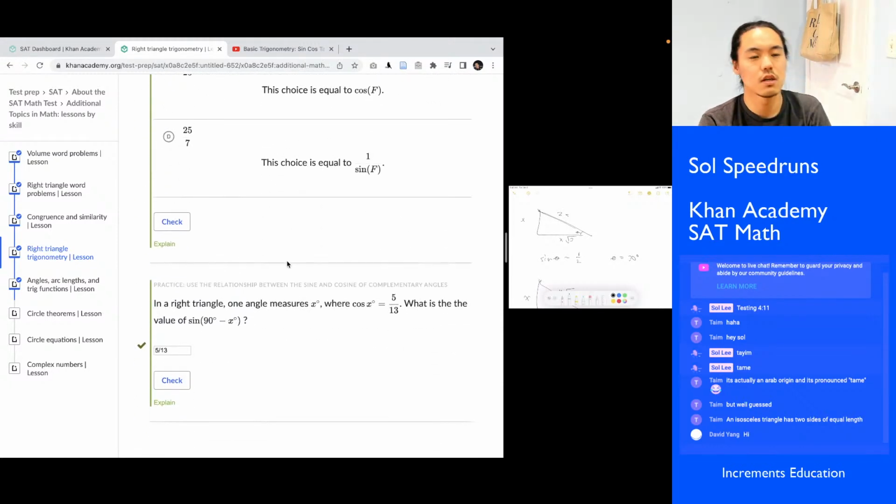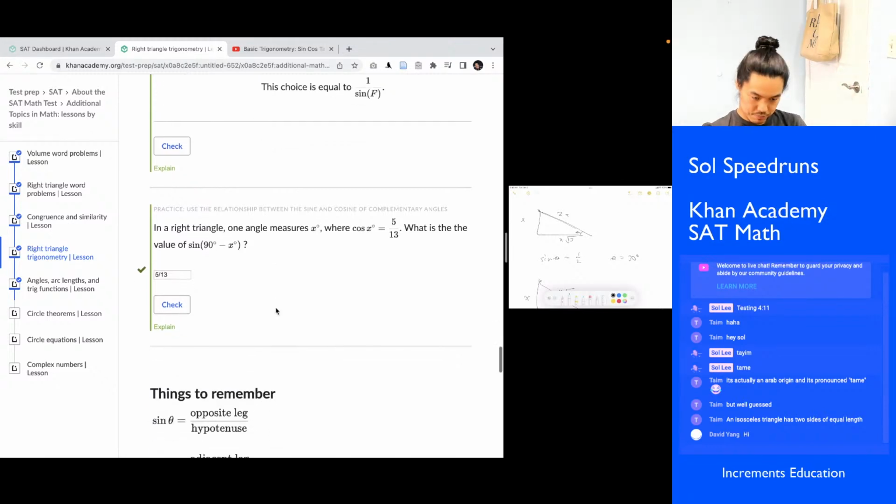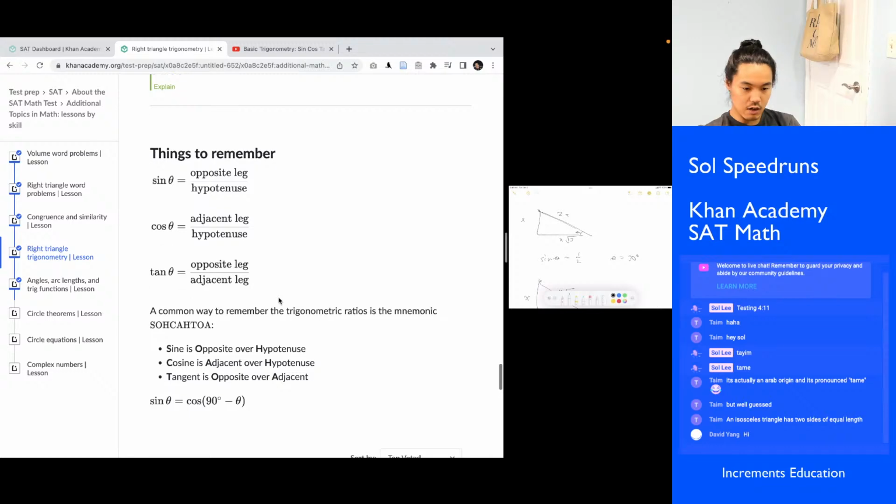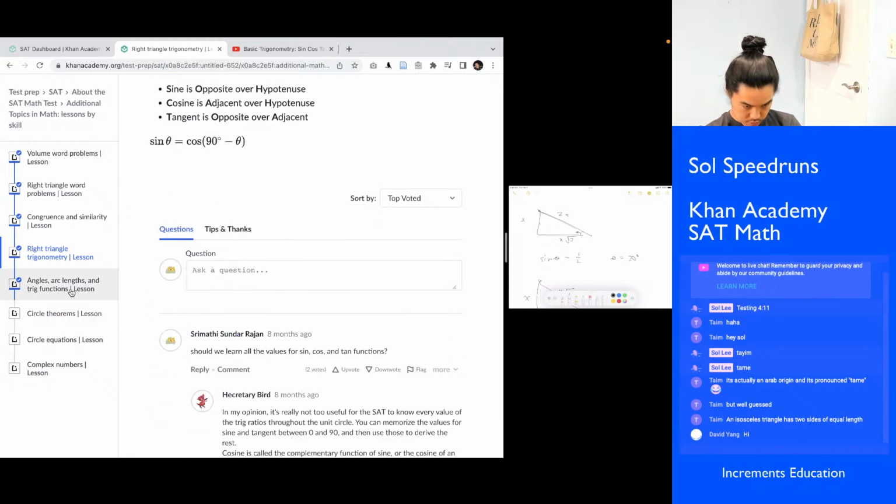It's definitely not 30 and 60, because that's not the value of cosine there. The sine of 30 degrees should give you 1 over 2. Okay, so I was presuming that x was 30, but it's not. So that's the thing I need to be careful about tomorrow.